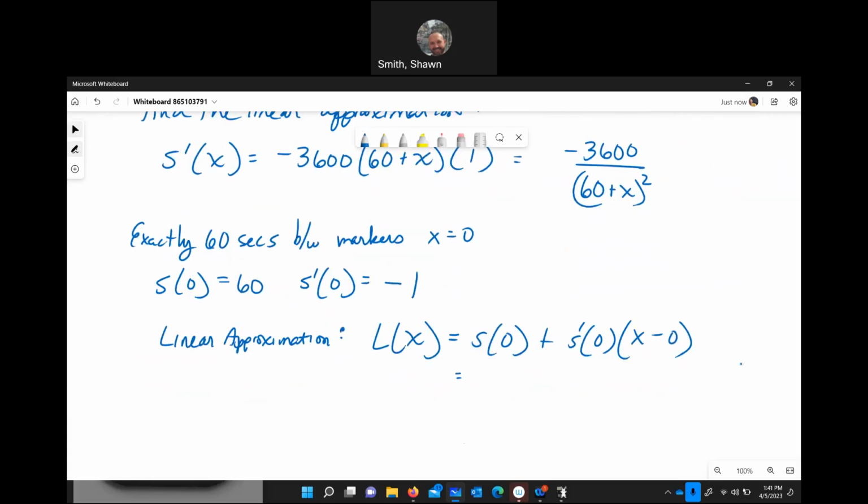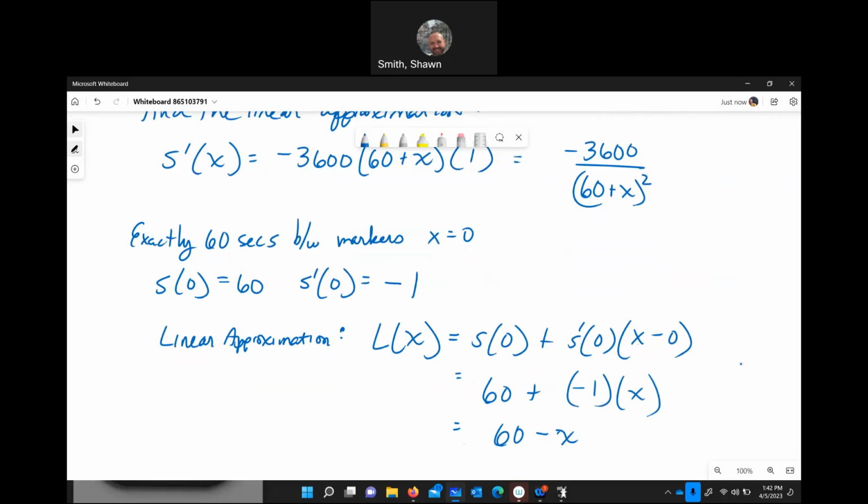S of 0 is 60. S prime of 0, -1, times X minus 0. That's just 60 minus X. So now you can just use this to approximate all values that are near our A, near our 0.